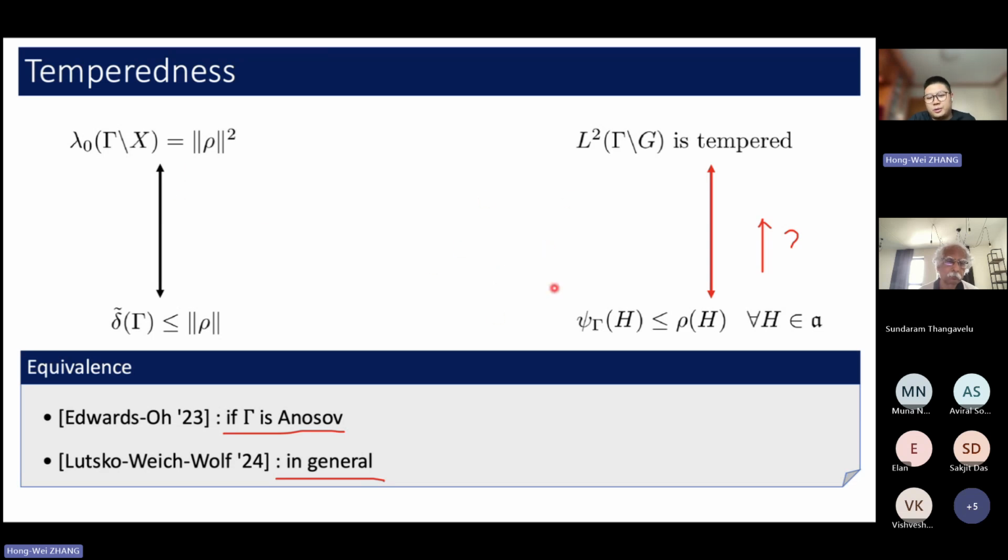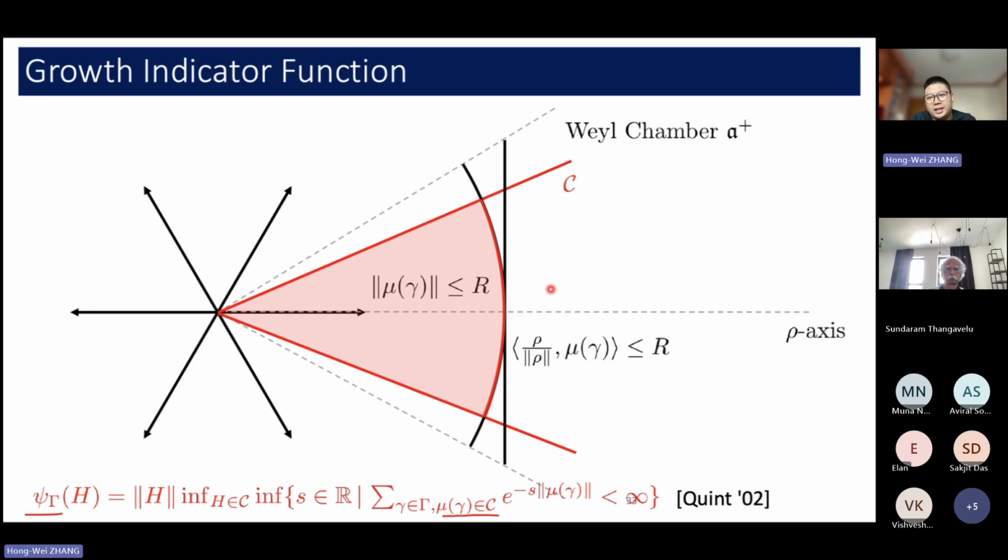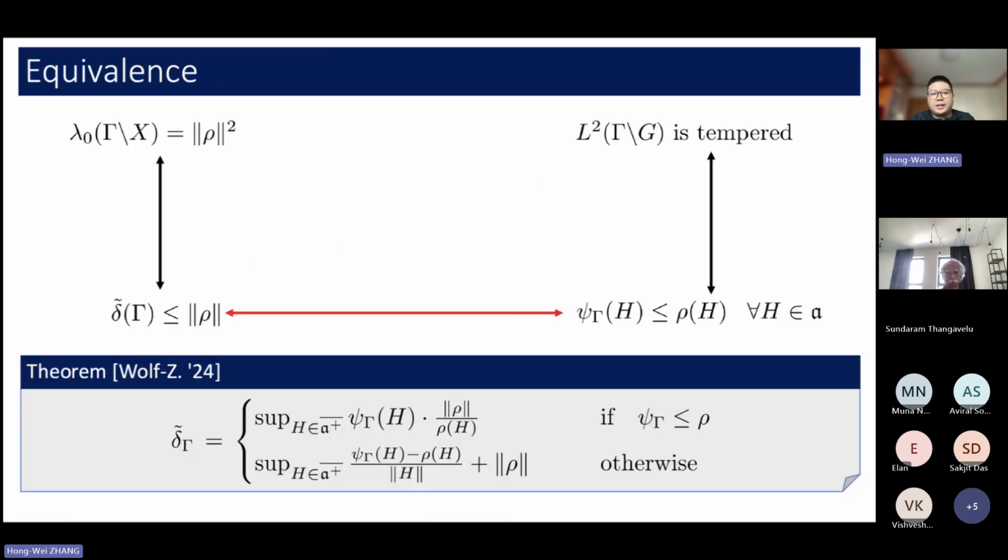From the left to the right, it's also known now. It's by Wolf and me. We find the relation between our modified critical exponent and the growth indicator function introduced by Gan. We just give this characterization, and with this we can show the equivalence between this condition and this condition.